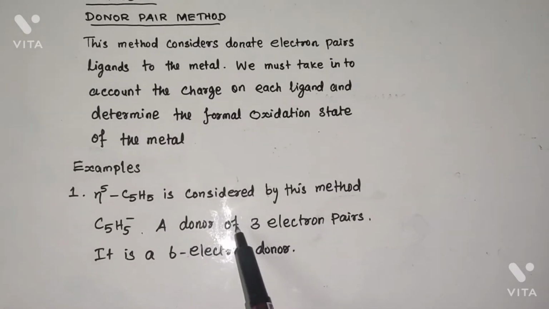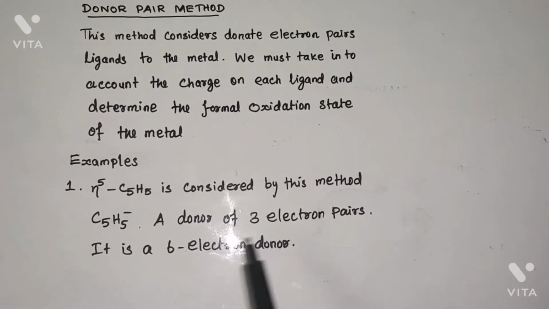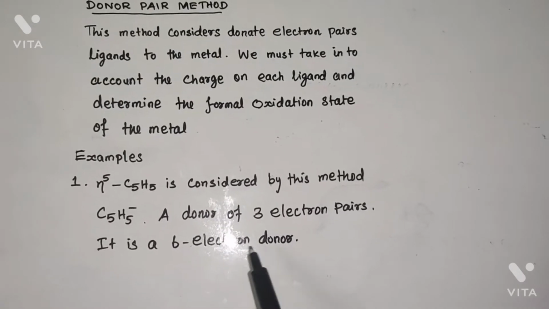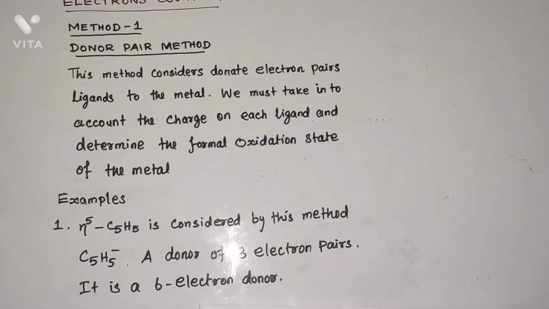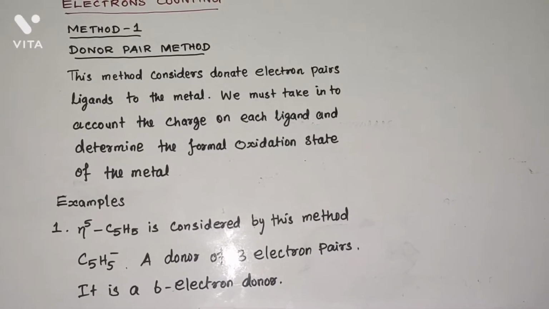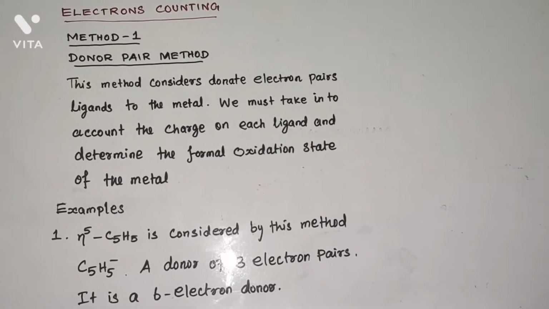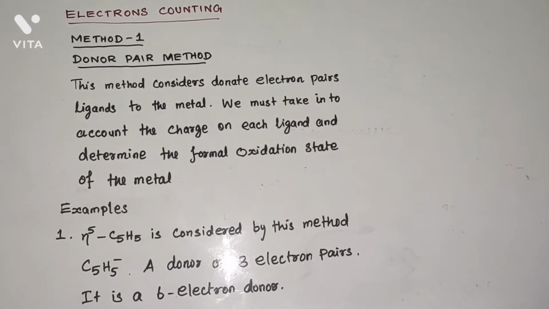Therefore, it is a donor of 3 electron pairs, so it is a 6 electron donor. Another example, chloride Cl- is a 2 electron donor. Next, hydride is a 2 electron donor.